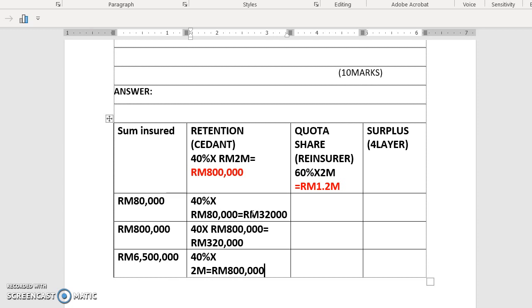Next for the quota share. The quota share is the percentage that will be paid by the reinsurer company. We have to know that the maximum limit is only 1.2 million. It cannot be more than 1.2 million.